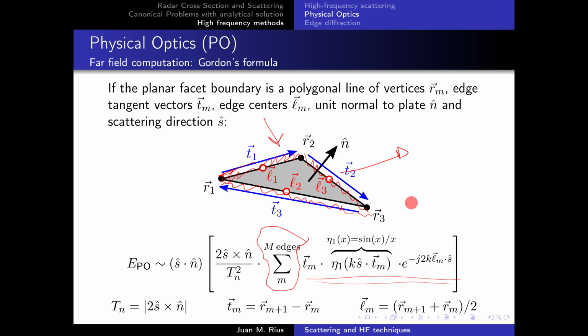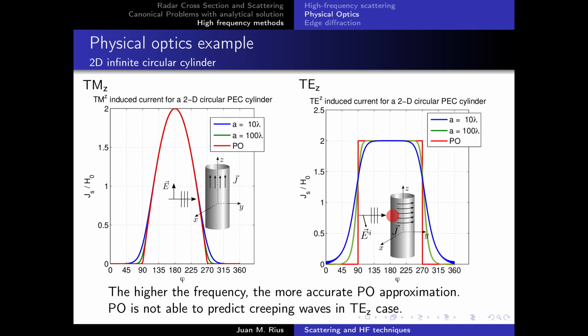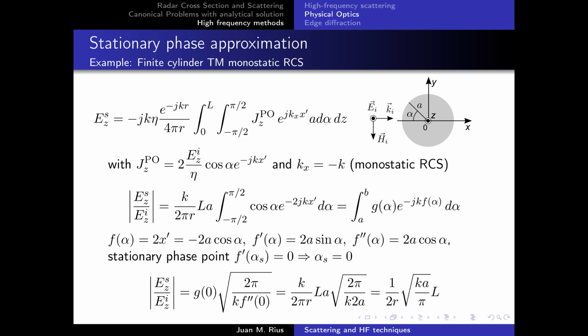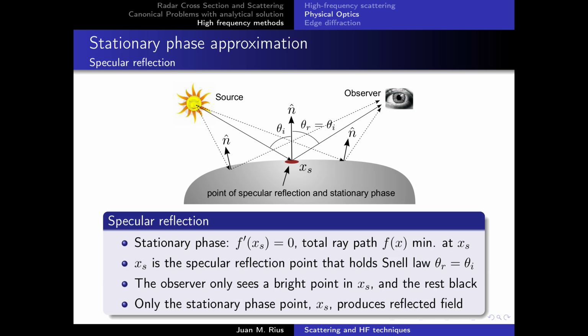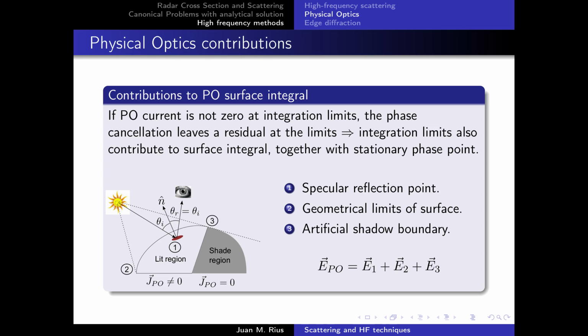So there are clearly two contributions. The contributions of the specular reflection points. The specular reflection points are very clear, for example, in the case of curved surfaces. Remember here we had this specular reflection point at alpha equal to 0. And here we have the specular reflection point. But all these cases are cases of curved surfaces. But in planar surfaces, it's different.